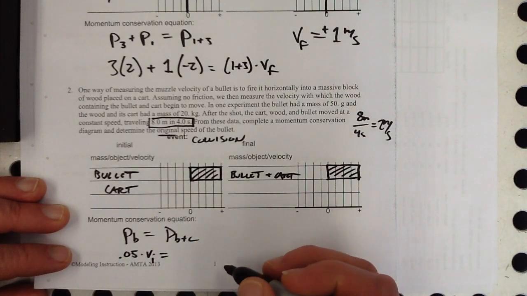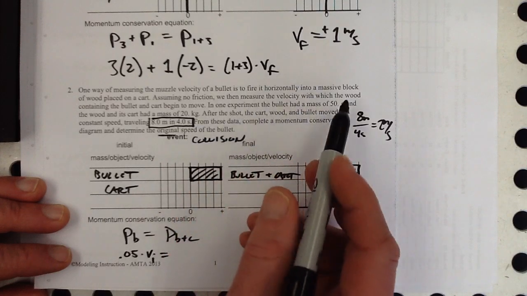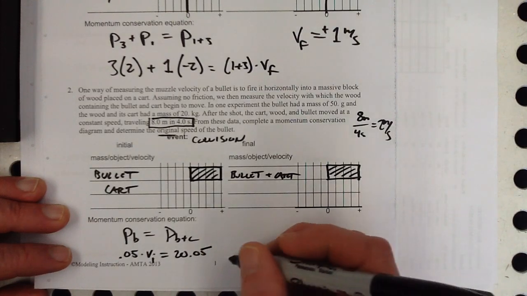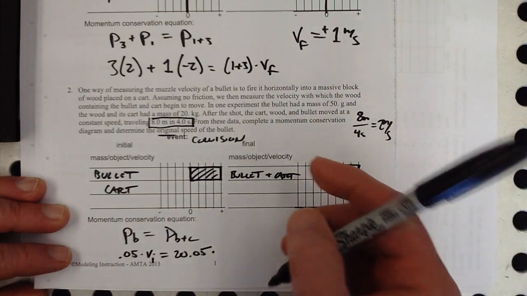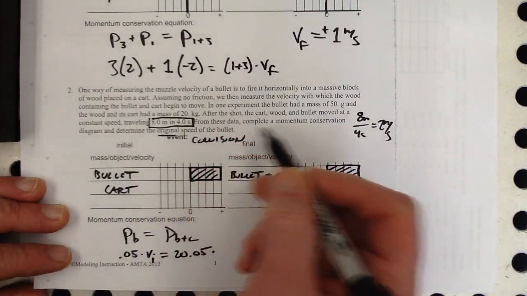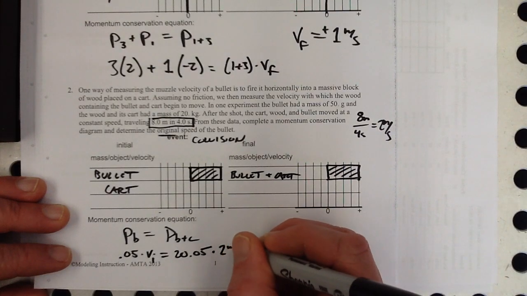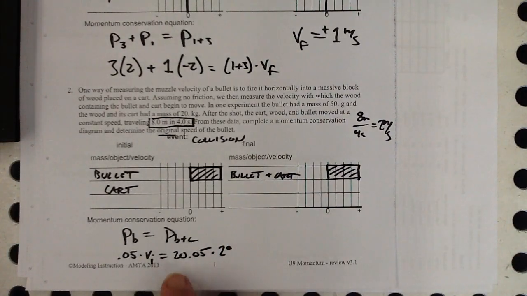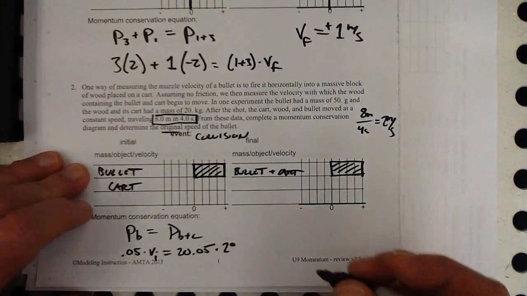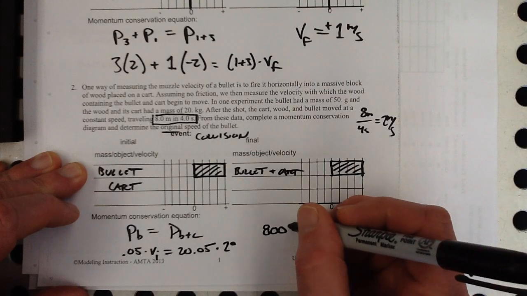And then afterwards, the mass of the cart plus the bullet times the 2 meters per second. Okay, so just need to multiply those together, then divide by 0.05. Gives me about 800 meters per second.